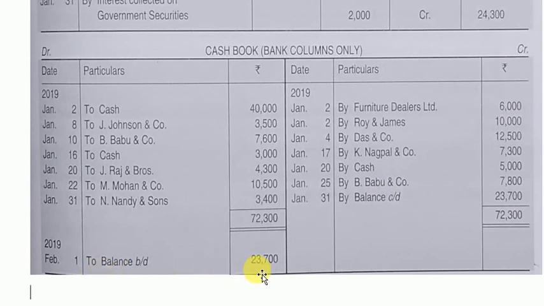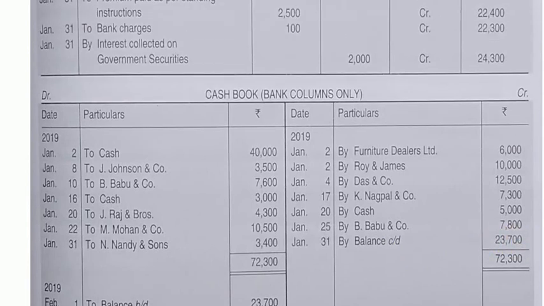So on January 31st, the cash book shows a balance of 23,700 of Mrs. Tall and Short, whereas the passbook shows the balance of 24,300. So there's almost a difference, a difference of a few hundred, right?